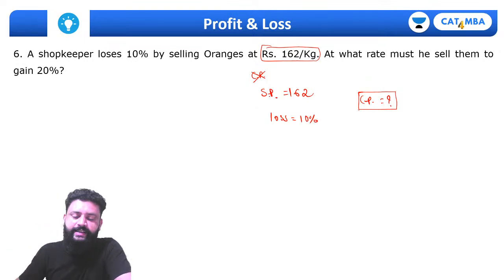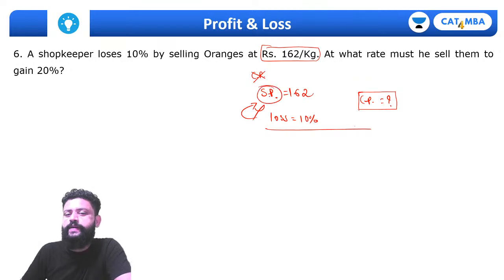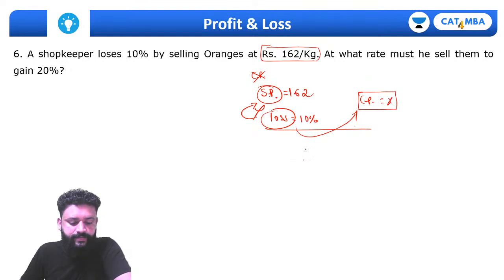The most important thing to understand here is you cannot take 10% of this value because this is the selling price. The loss has happened on the cost price, and we don't know the cost price. Let's say that cost price is X.